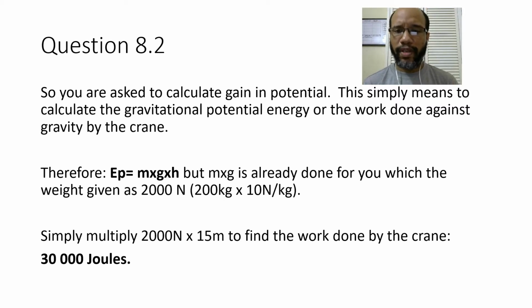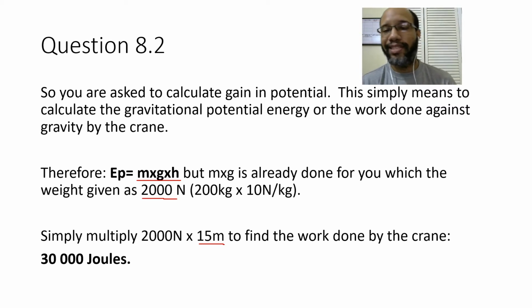So, gain in potential energy. Immediately when you hear gain in potential energy, I am certain you will think of this equation, m times g times h. True. But when you look at what is given to you, you are given the weight of the cement and you're given the vertical distance, which is 15 meters.